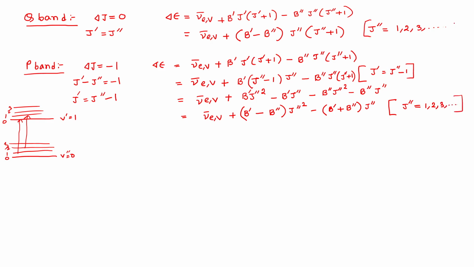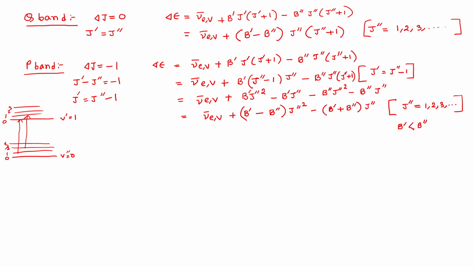And what do you see from here? Your J double dash square for any value is going to be positive. But what I already told you, your B dash is less than B double dash. So for that, this is coming as a negative value, right?